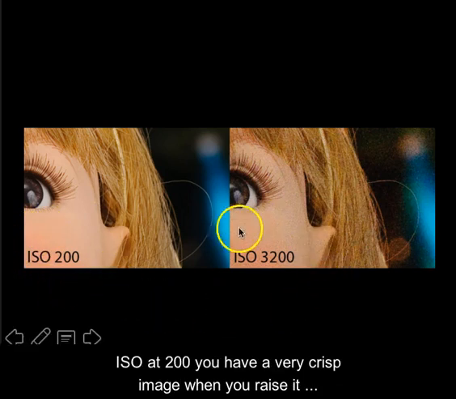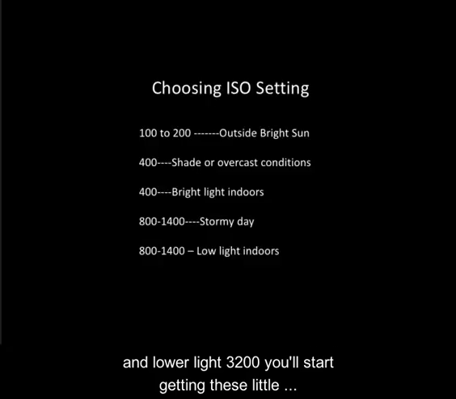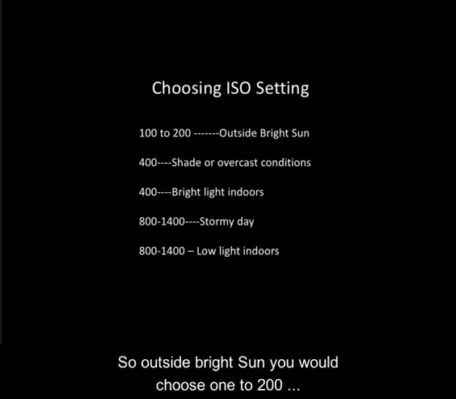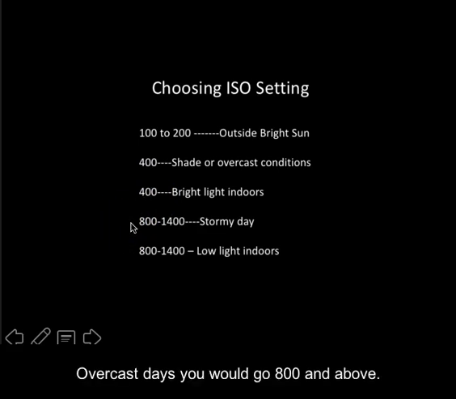When you raise it in lower light to 3200, you'll start getting these little pixelations, or grain if you were shooting film. So outside in bright sun, you would choose 100 to 200. Shade or overcast, 400. Indoors, 400. Stormy or darker or overcast days, you would go 800 and above.